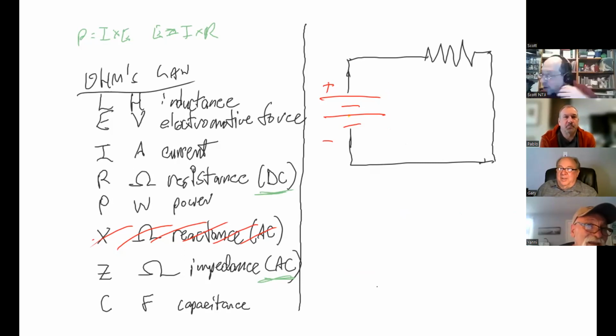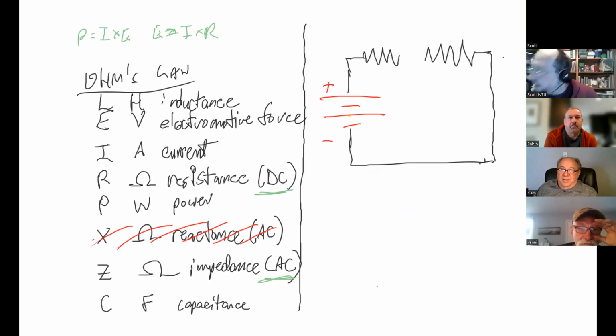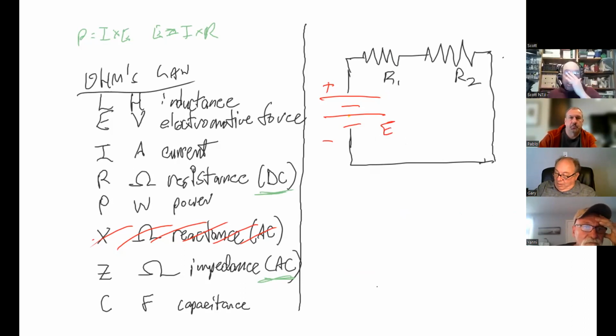So now what we're going to do next is take this resistor and add something to it. We're going to add a second resistor and we're going to call this R1. We're going to call this R2. So now let's say that I am an electron. I'm very, very small. I'm being generated by this battery, which has basically a storage of electrons.